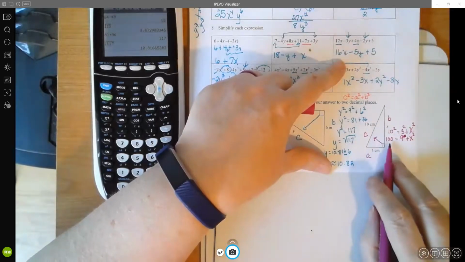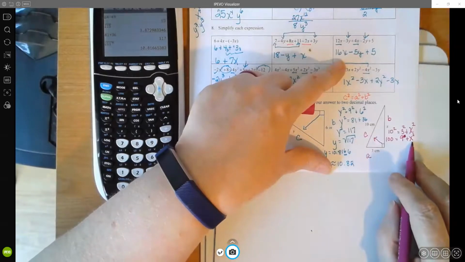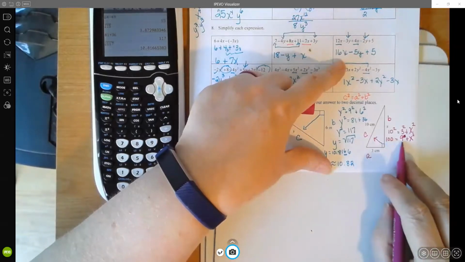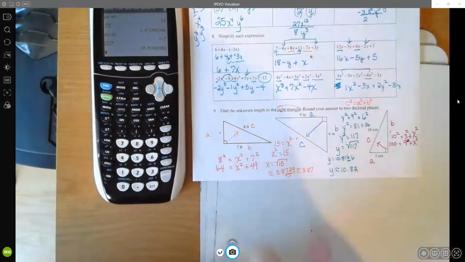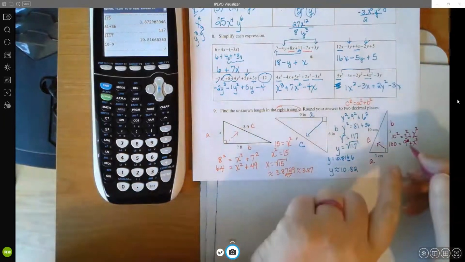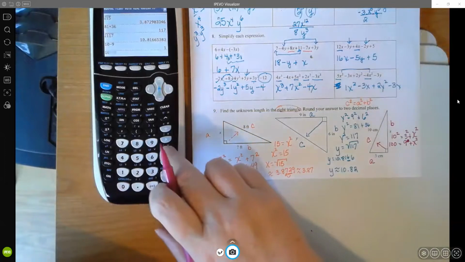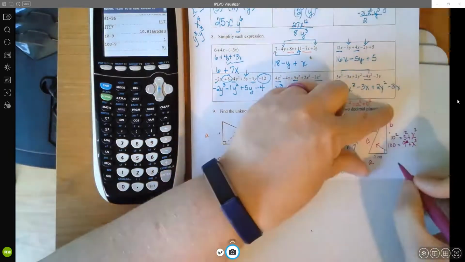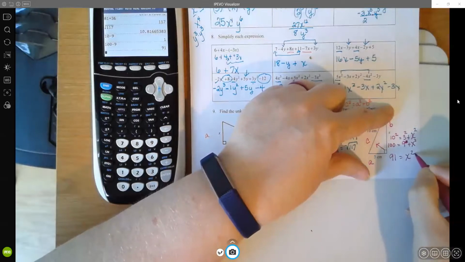So that should be 100 equals 9 plus x squared. Notice that the 100 and the 9 are on separate sides of the equals. So that means I will take 100, subtract 9, and get 91 equals x squared.